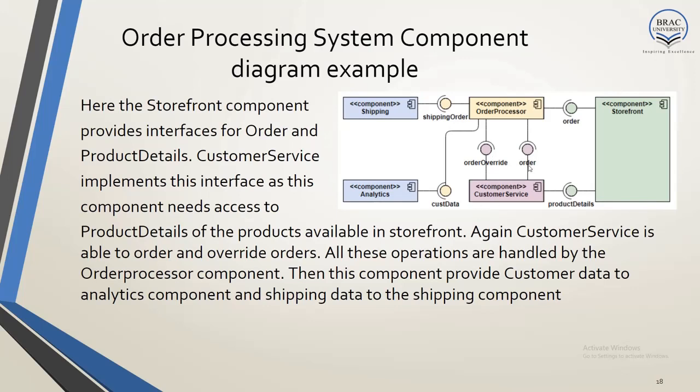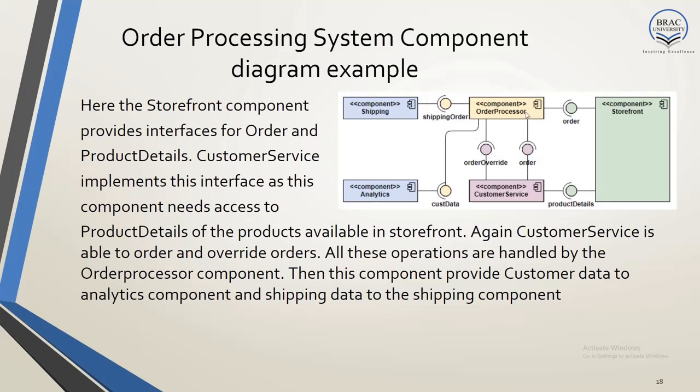So the customer service might need to manually order something for a customer, or they might have to override a certain order for a customer based on their requirement. So that's why it's providing both of these interfaces.